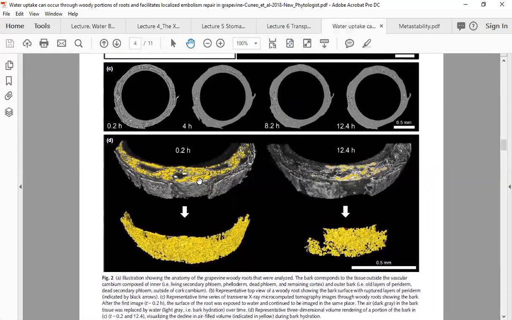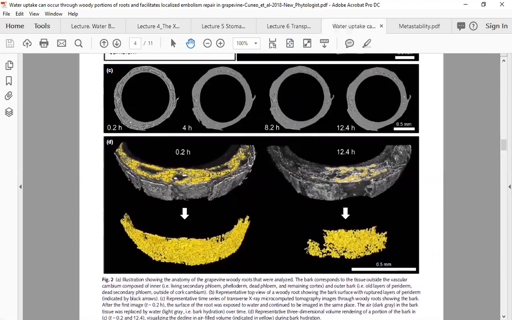This is a section of the outer part of a woody root, and this is at 0.2 hours after the first image. In yellow here, the yellow represents the air-filled volume. So where you see yellow, this is air.